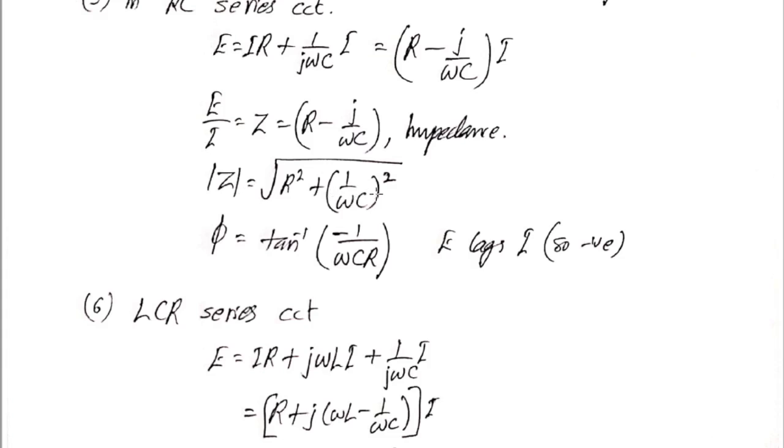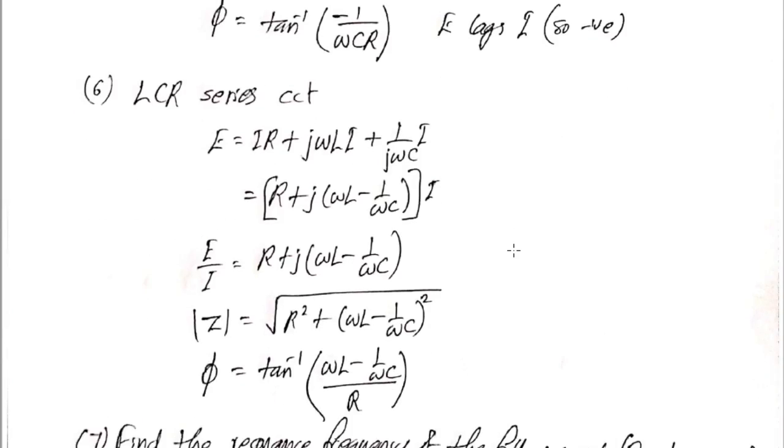Magnitude of impedance is again root of R² + (1/ωC)², and the phase difference φ is equal to tan inverse of −1/(ωCR), because there is −1/ωC by R. Here it is negative because E lags the current by an angle of tan inverse of 1/(ωCR).